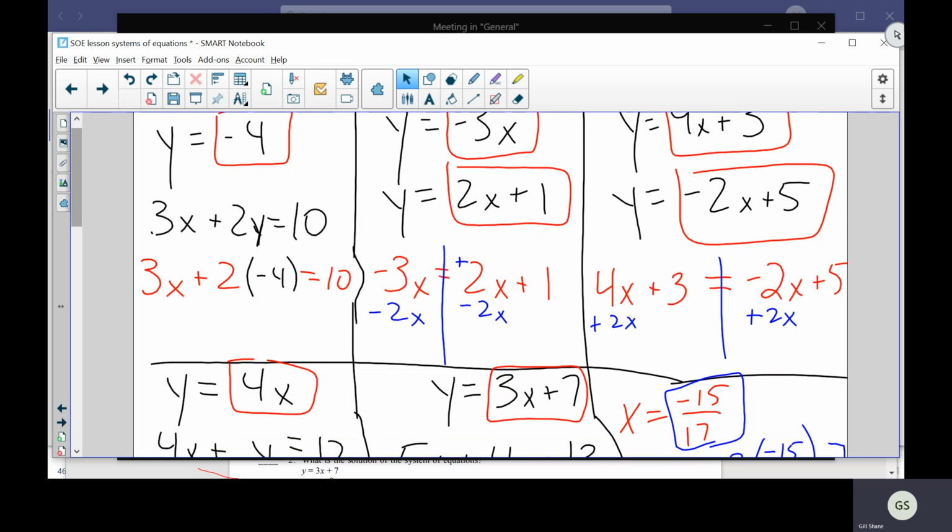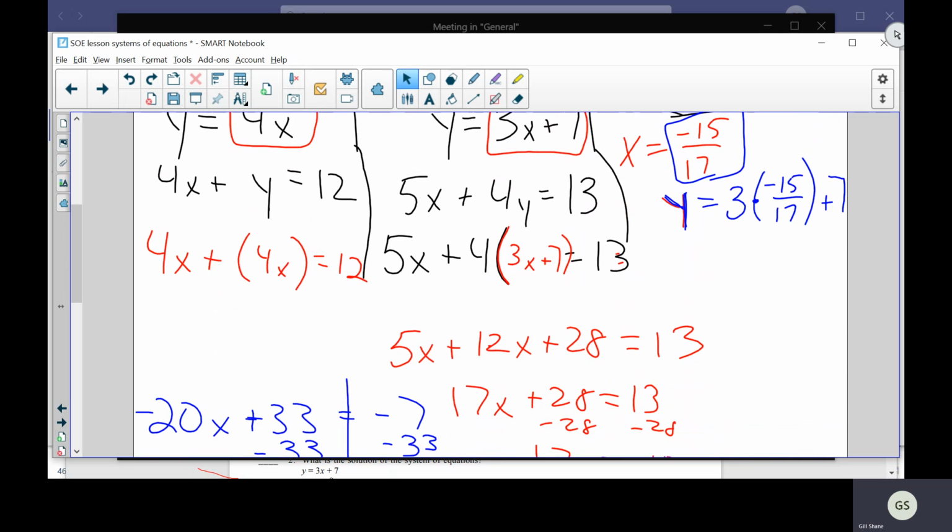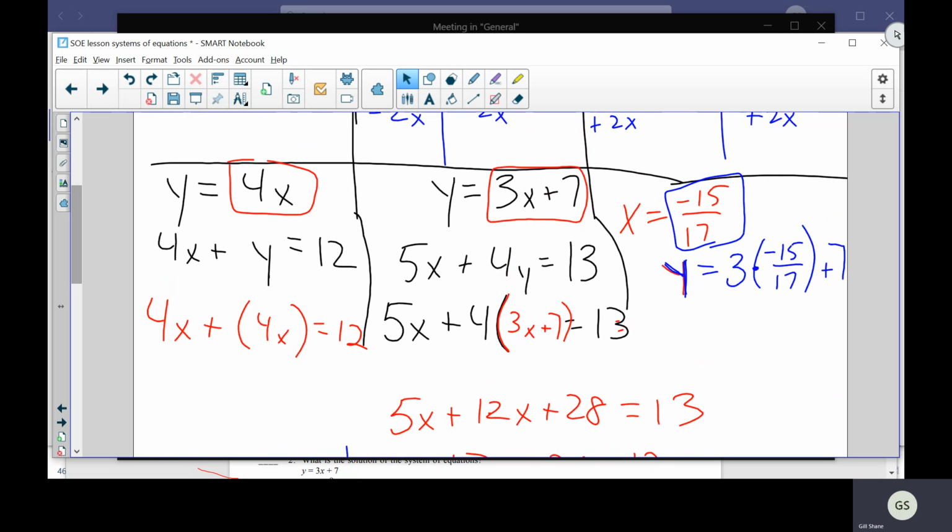I did do the math on this. Oh, don't forget, a lot of people lost points on the exit tickets. You've got to solve for both variables. If you go through and you solve for x, the first variable, you've got to then solve for the second variable. So I did that right here. I went through and I solved for x, and I came up with x equals negative 15 over 17. You'll get integers. Don't worry about getting fractions. You will get integers.